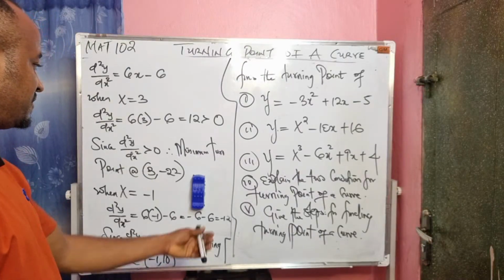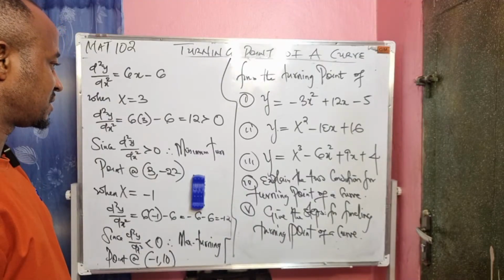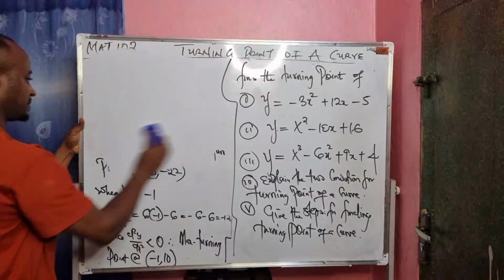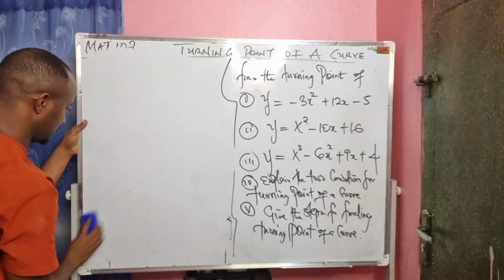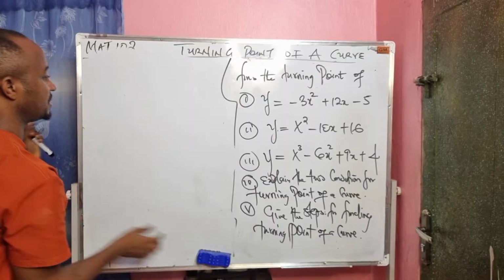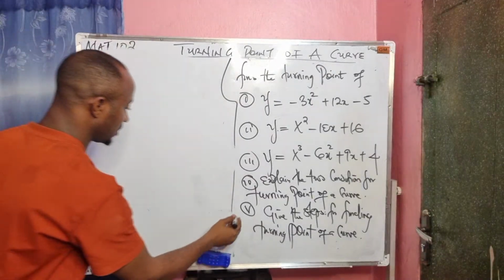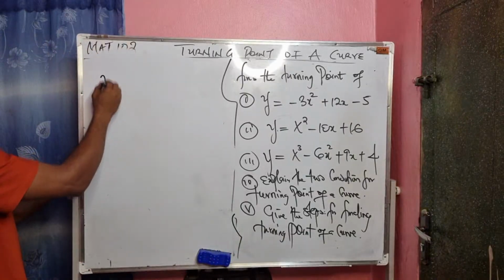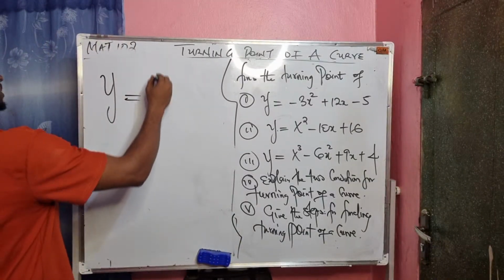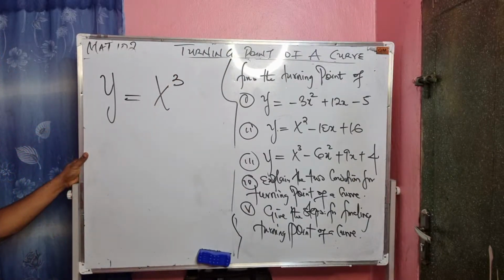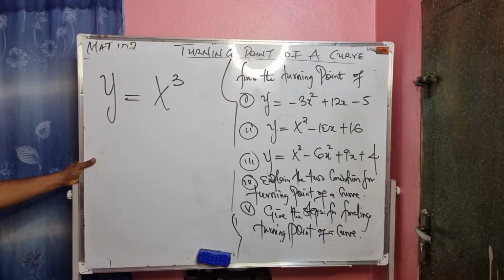Then the fifth says give the steps for finding the turning point of a curve. Then the last question: determine the turning point of this curve, y equals x cubed.